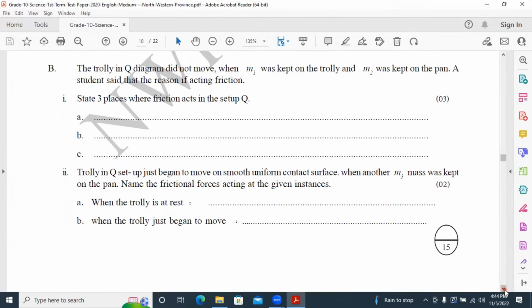State 3 places where friction acts in the setup Q. 3 places are in the pulley, wheels of the trolley, on the contact surface.